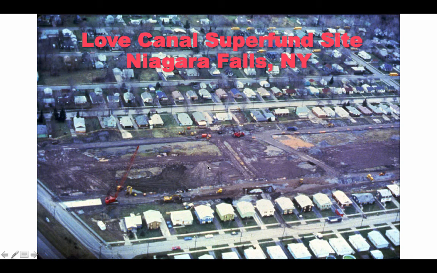Then they covered it up with clay and dirt, and then they sold the land to a developer who then built a subdivision over it. Not only that, but they sold part of the land to the Niagara Falls School District, which built an elementary school on the site as well.